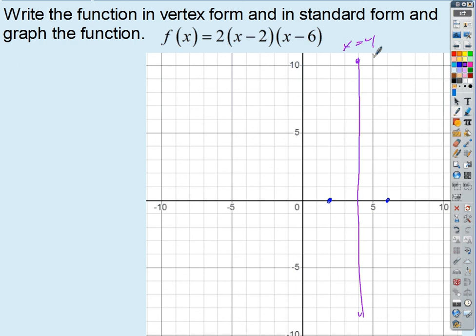Plug 4 into that, and we already found the answer. It was negative 8. So we go over 4 and down 8. There's the vertex, and there's my graph. Is that a parabola? Yep, it's a parabola. This is quadratic, just in factored form. Make sense?